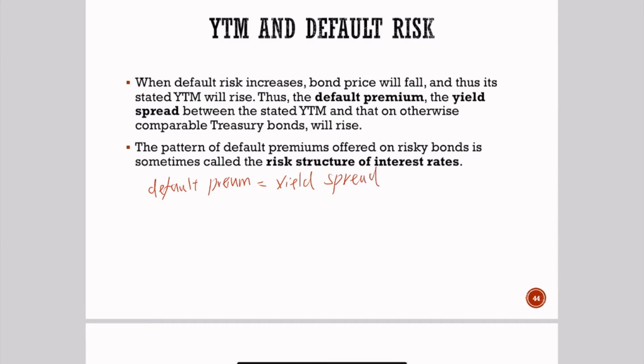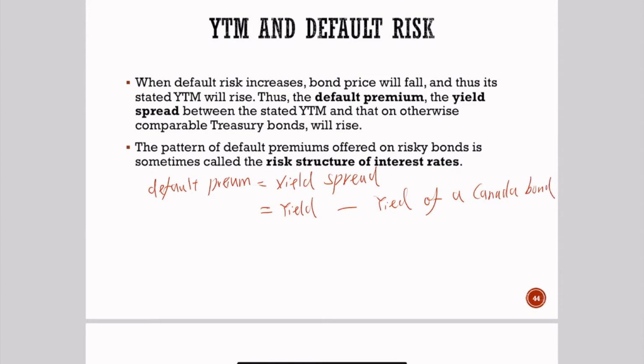So what is a yield spread? It's really a difference; yield spread means yield difference. How do you calculate it? You take the bond yield minus the yield of a treasury bond. Okay, let's not use treasury bond. Let's say a Canada bond, a government-issued bond.